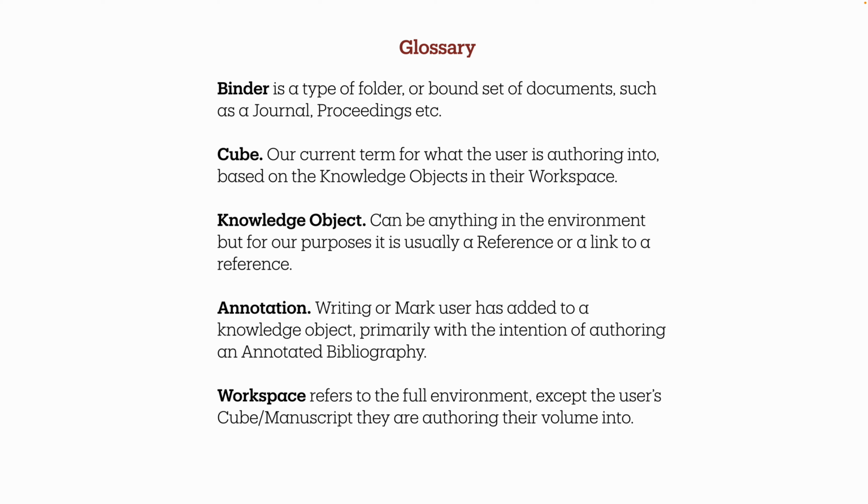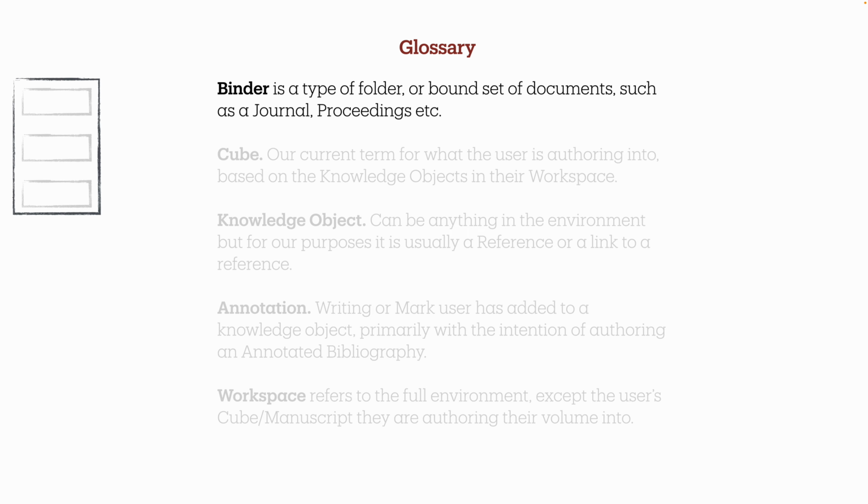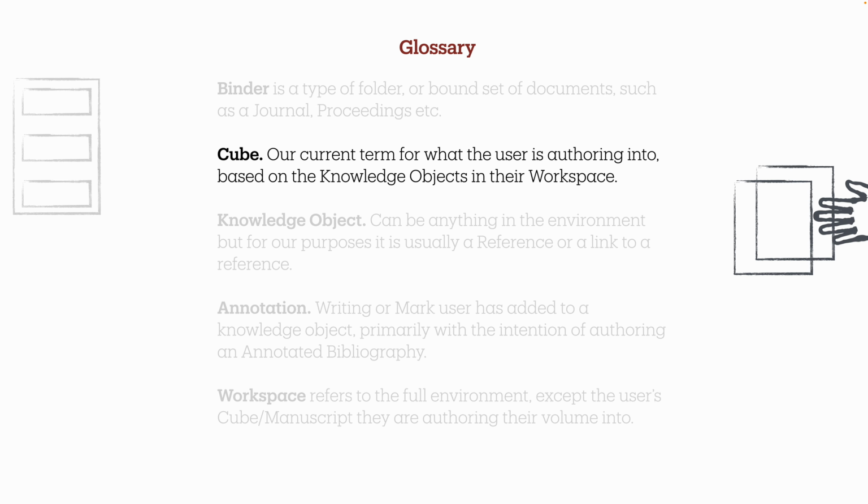So, brief glossary. A binder in this context is a type of folder or bounded set of documents such as a journal, proceedings, etc. That's kind of important because you don't necessarily want 30 papers from a specific conference in front of you. You may want to have it combined into a binder. The cube, as we've already discussed, is a knowledge object in the workspace.